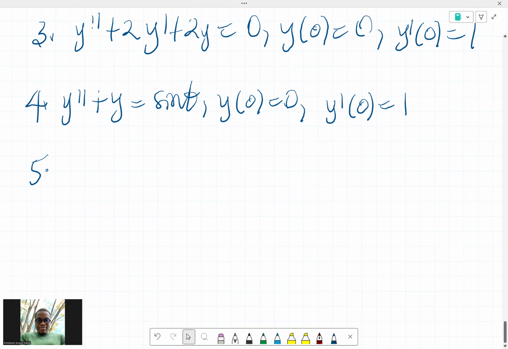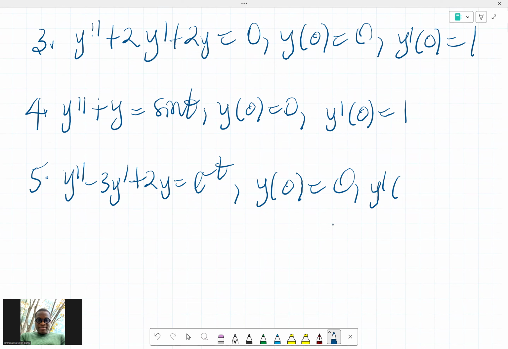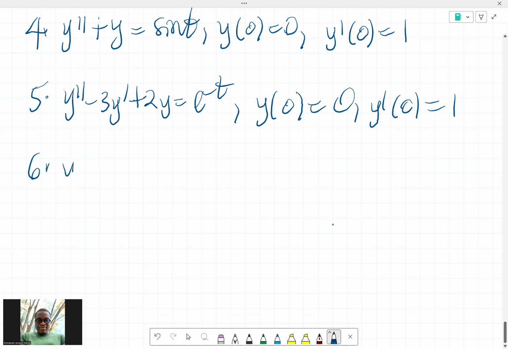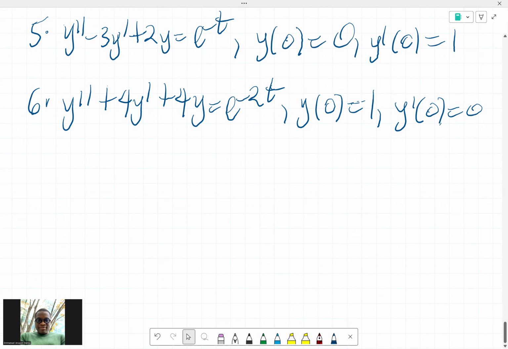Question 5, y prime prime minus 3y prime plus 2y is equal to e raised power minus t, y of 0 equals 0, y prime of 0 equals 1. 6, y prime prime plus 4y prime plus 4y equals e raised power minus 2t, y of 0 equals 1, y prime of 0 equals 0.